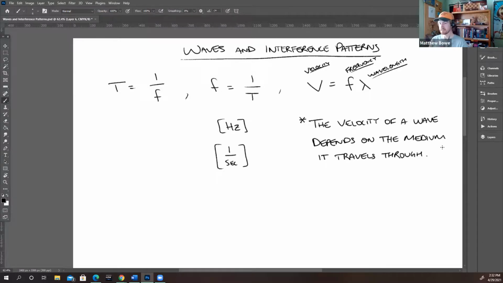So you can think of this as a constant value for a specific material. Each material has its own constant velocity that a light wave can move through it. So let's look at this equation. If this velocity is held constant for a material, it'll always be that constant.